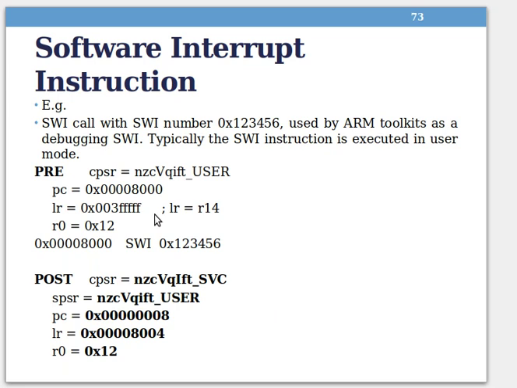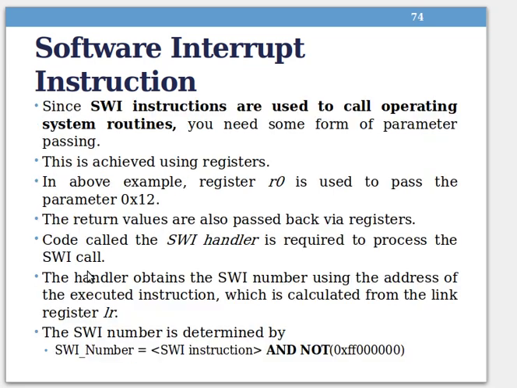Now how is the SWI number obtained? Usually the SWI number is obtained by using an instruction called BIC, bit clear. You can see in this slide that the SWI number is the SWI instruction, whatever number is mentioned over there, and we are going to AND it with NOT, nothing but the BIC instruction.